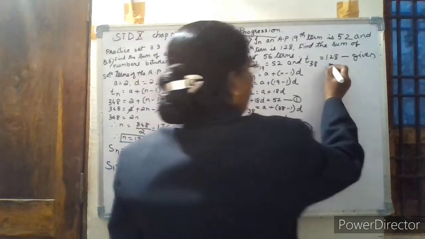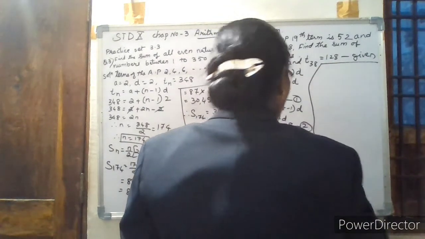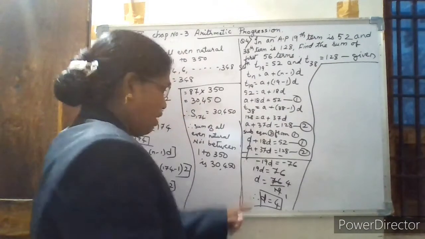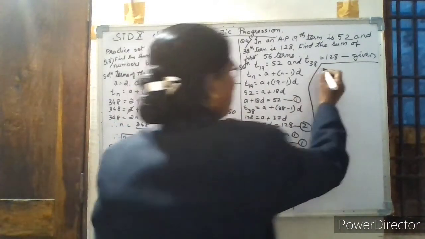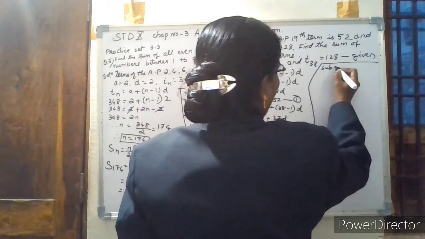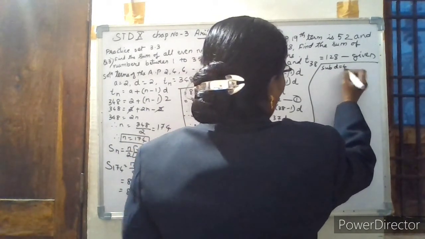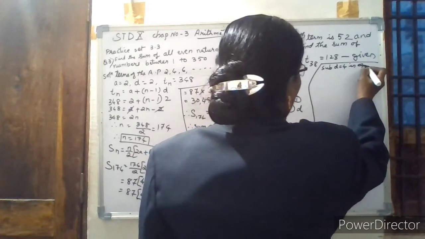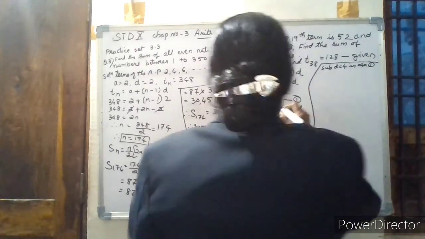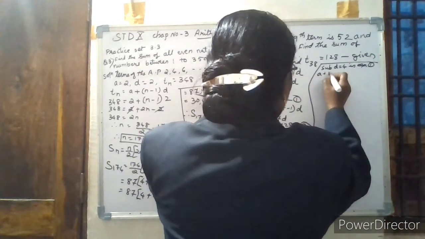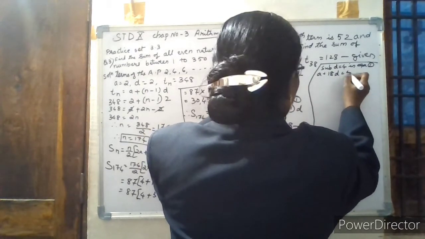Now come to the next part of the question. We got d value, substituting d, we have to find out a value. Substituting d equal to 4 in equation 1, a plus 18d is equal to 52.